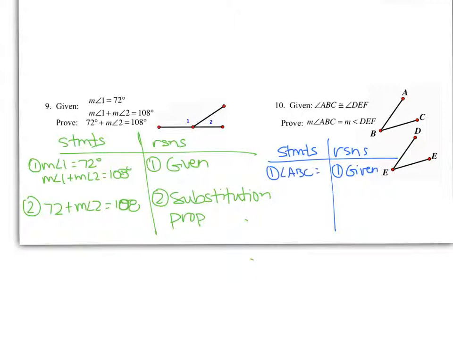The measure of angle ABC equals the measure of angle DEF by definition of congruence. Remember I told you earlier that congruence can go either way. It can go from equal to congruent or from congruent to equal.